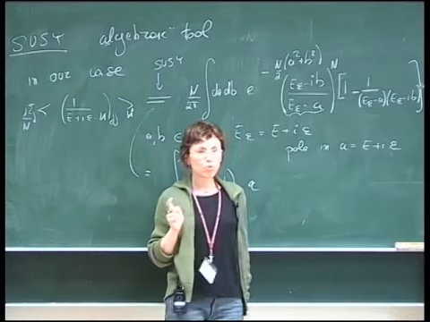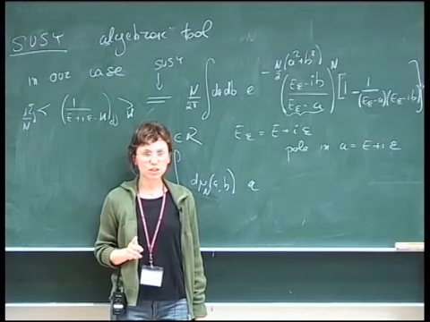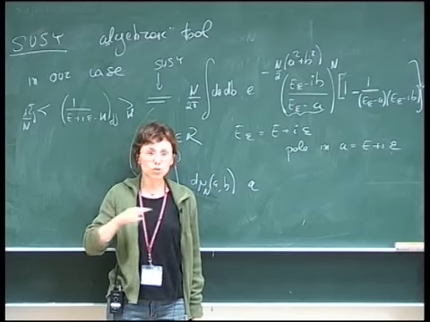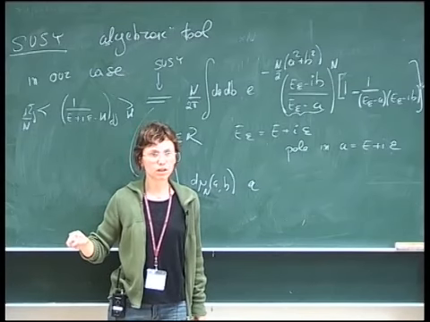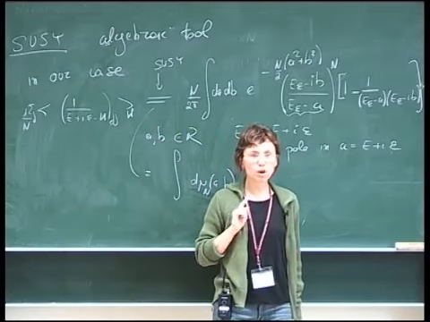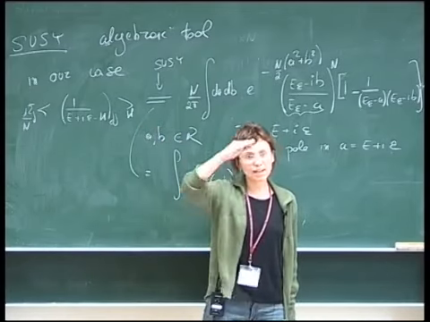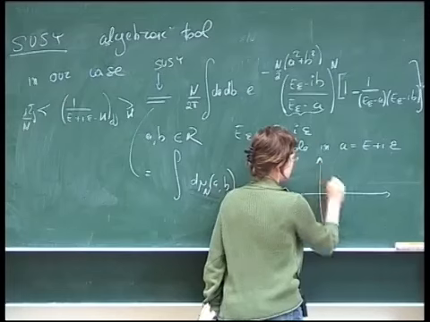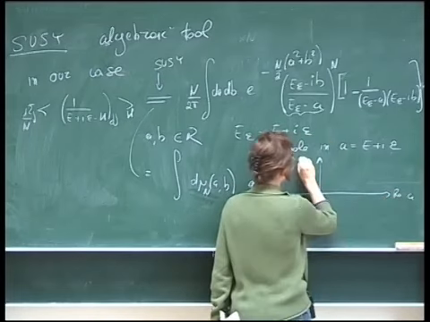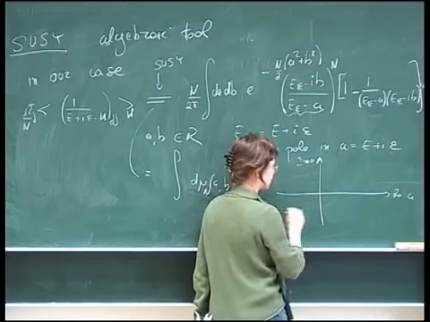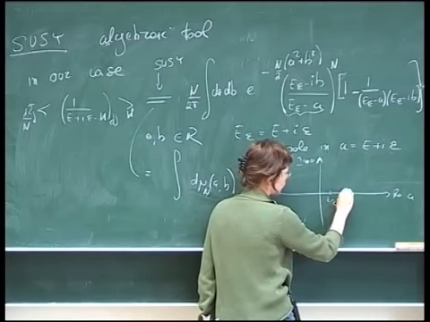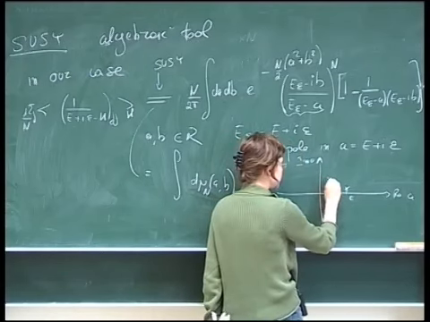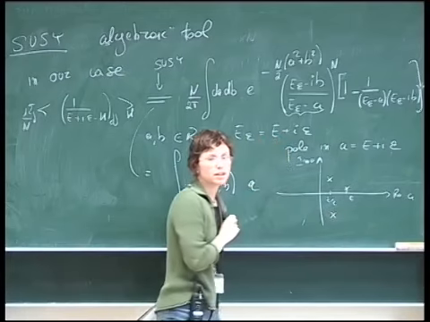Now, when you want to apply the saddle approximation, the first thing to do is to move your contour in order to pass through the saddle. But this saddle is not real, it's in the complex plane. So you have to translate the contour in the complex plane. If I look at the real part of A and the imaginary part of A, here I have E over 2, here I have a pole, and there are two saddles, one here and one here.